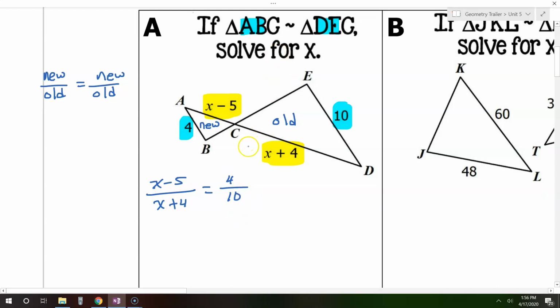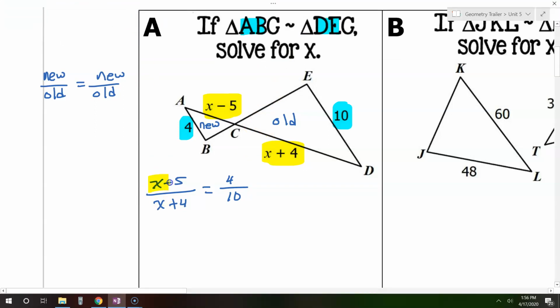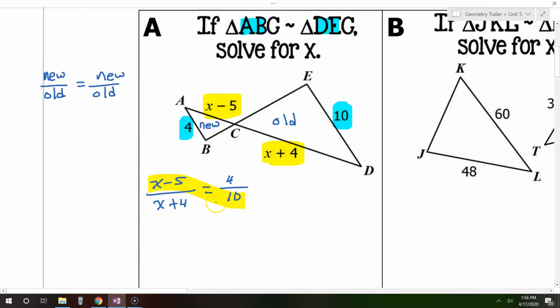So now it's time to cross multiply. We can multiply this diagonal, and that'll be one side of the equation. Before I do that, let me remind you, when we multiply this diagonal, I'm doing 10 times x minus 5. I'm doing the distributive property. I'm doing 10 times x, and I'm doing 10 times 5.